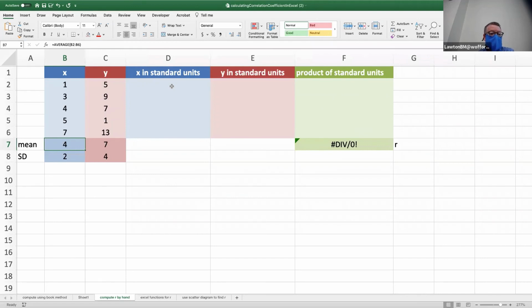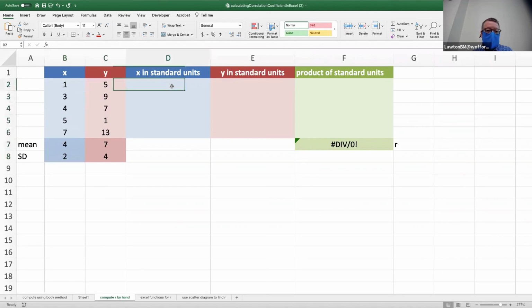And then 3 is how many standard deviations? The standard deviation is 2, so how many standard deviations is the number 3? 1.5, right? So I'm 1.5 standard deviations away from the mean.